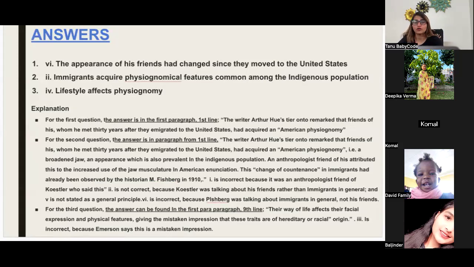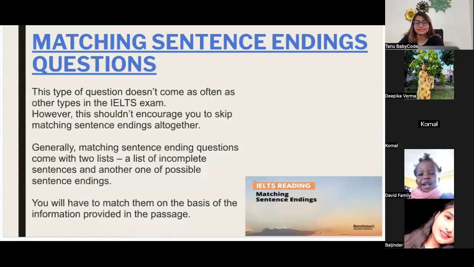Now let's move on to the second part, the matching sentence ending question. This type of question does not come that often in the exam, but if it comes, you have to do it because you can't leave any question unanswered. Generally, matching sentence ending questions come with two lists: a list of incomplete sentences and another list of possible sentence endings.